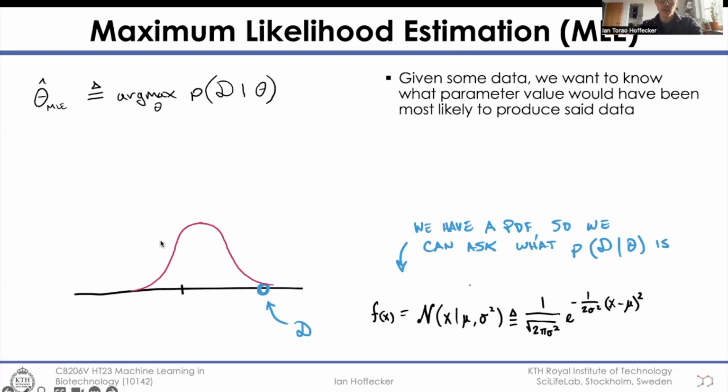A common method with its roots in classical statistics is the maximum likelihood estimation method, or MLE. The idea here is that we're going to base everything on maximizing the probability that a particular set of parameters and distribution generated the data that we observe.